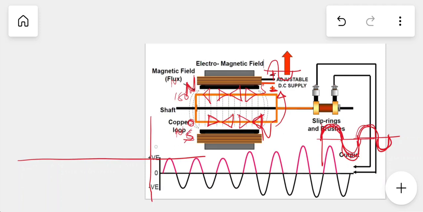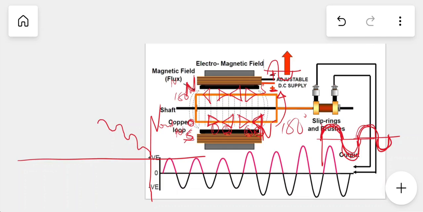Say it starts from this side, V out. Within the first 180 degrees, it has changed direction from 1 to 2, 3 to 4.